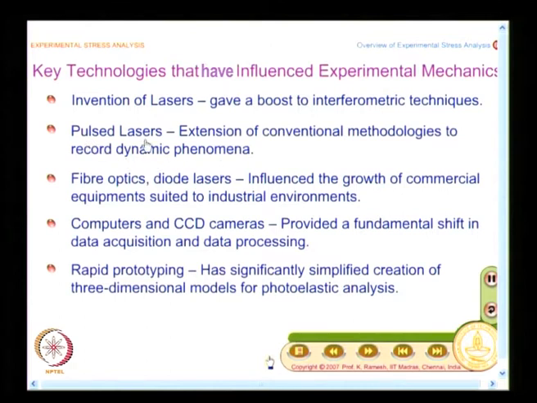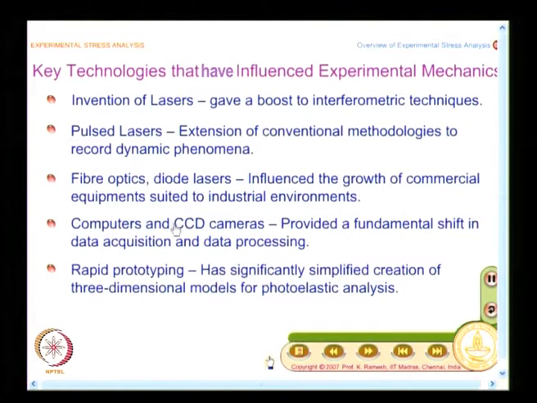Not only pulse lasers, there are also other methods by which people could record dynamic phenomena. You had the Cranz-Schardin camera, particularly for stress wave propagation, and we also saw that the use of fiber optics and diode lasers helped people develop equipment to suit industrial environments.